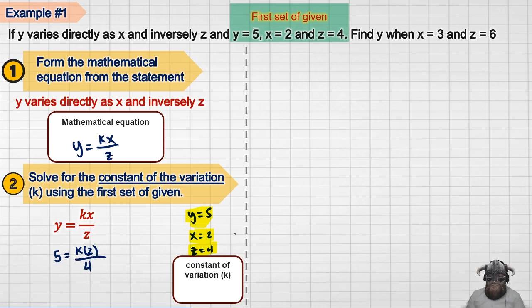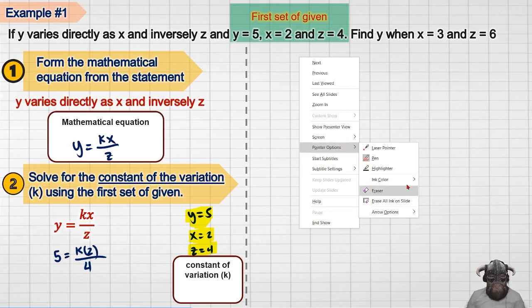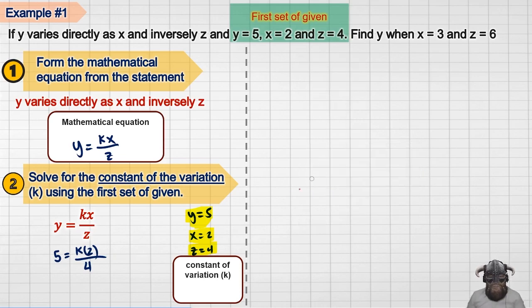In this case, what we can do is isolate all of the numbers near k so that we can solve for the value of k. The first step is to remove 4 as our denominator by multiplying both sides by 4. That's how we simplify.